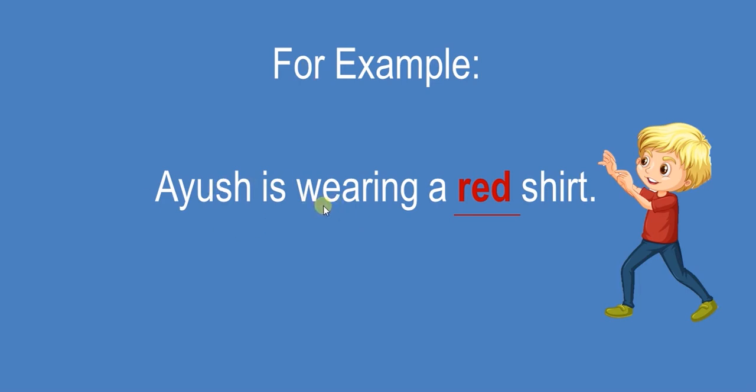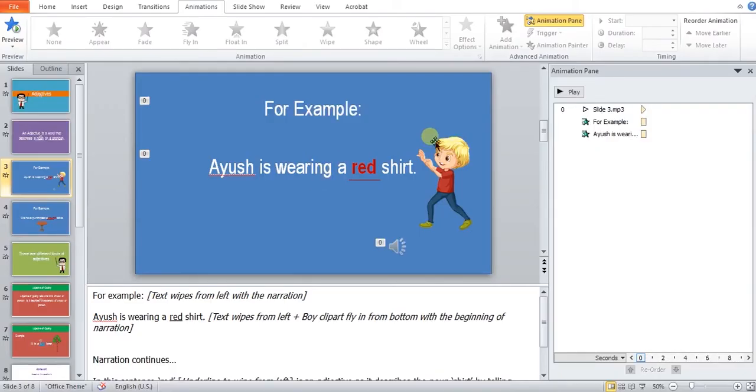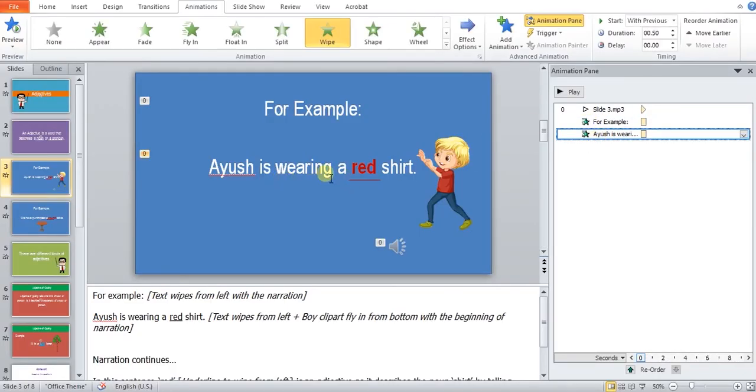We need to adjust so that the second sentence comes when the narration actually goes to "Ayush is wearing a red shirt." So we need to know when actually we need to bring the text "Ayush is wearing a red shirt."